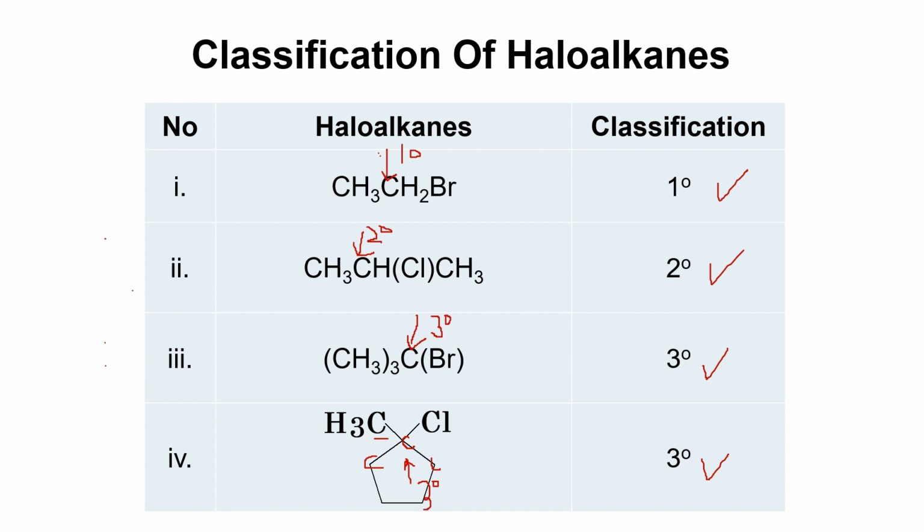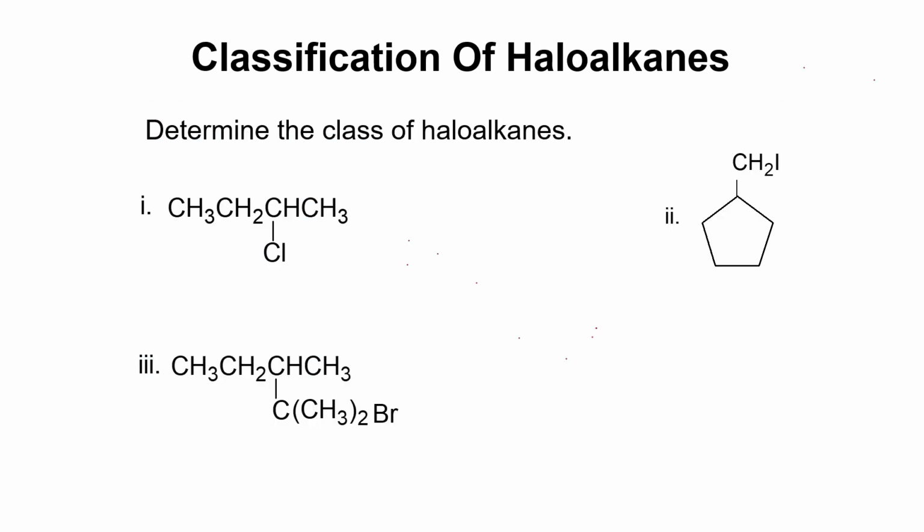Okay, now let's proceed to other exercises on how to classify haloalkane. For the first question, let's focus on the carbon that bears chlorine. This carbon can be classified as secondary carbon.